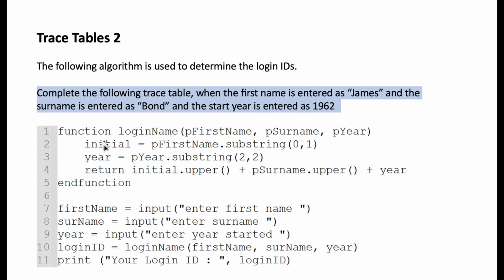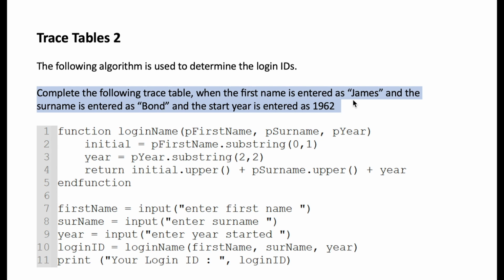So we are setting the local variable initial to the value of the substring of the parameter p first name. It's asking us to start at the first character of the first name and return one character in length.